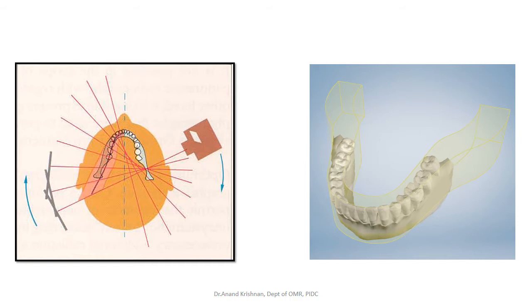If you know what portrait mode is, understanding this will be easier. You would all have taken portrait shots to put in your Facebook DP and Instagram. So I'm sure you're all very familiar with portrait photographs. You bring the person as the center, you bring them into focus, and everything else blurs out. Similarly here, we are trying to bring the maxilla and mandible into focus, and we are blurring out everything else. That is what this focal trough is.